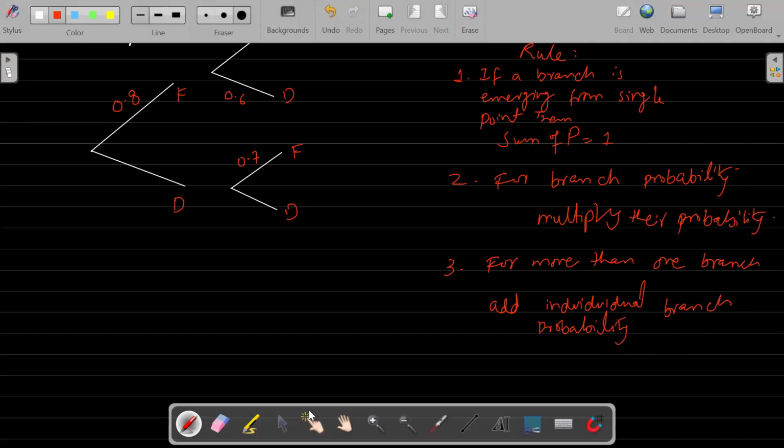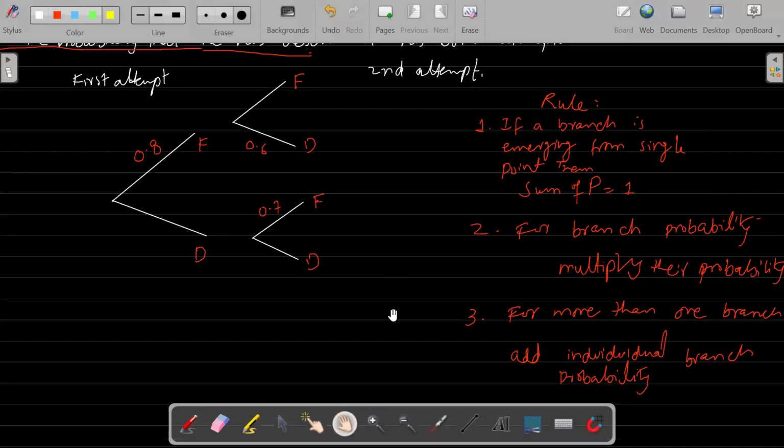Okay, we are going to apply rule number 1. Rule number 1 says that if branches are emerging from a single point, then the sum of their probabilities is equal to 1. This branch was emerging from this point, so the sum of the probabilities is going to be equal to 1.